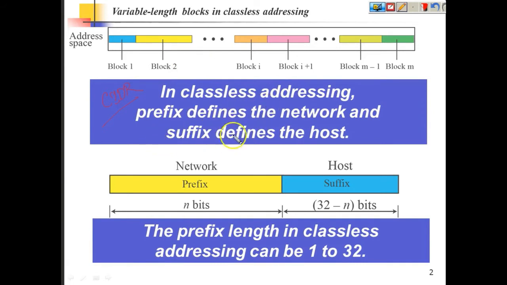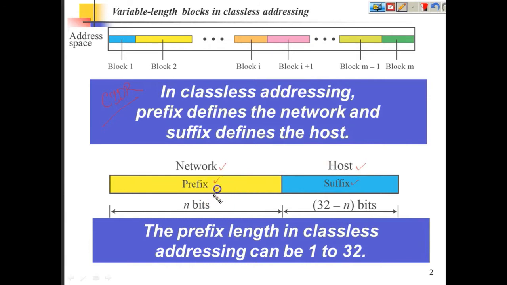Here we will be using two terms, prefix and suffix. Prefix is equivalent to the network ID in classful, and suffix is the same as the host ID in classful addressing.